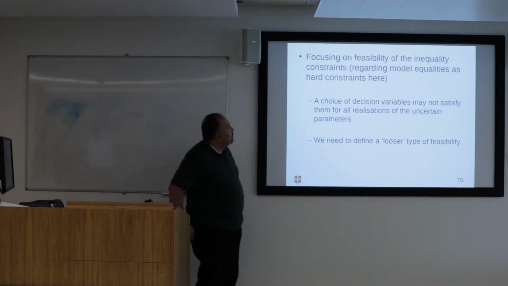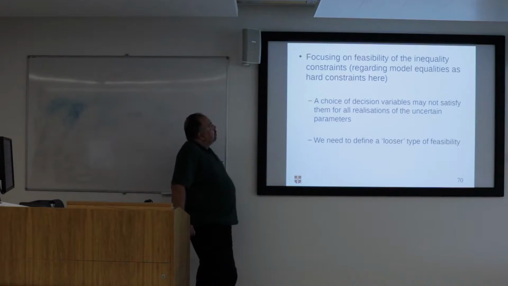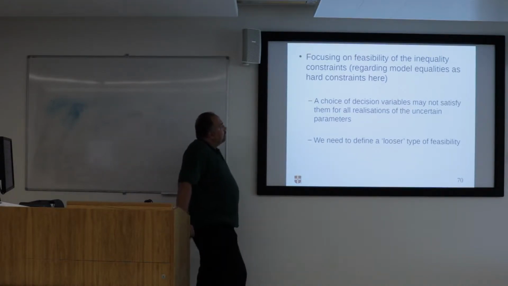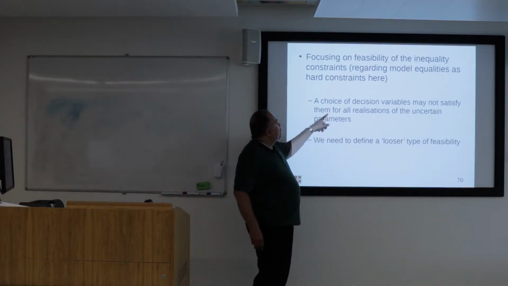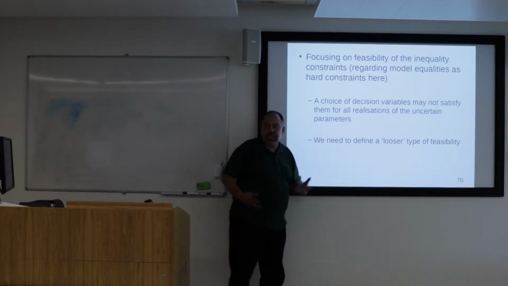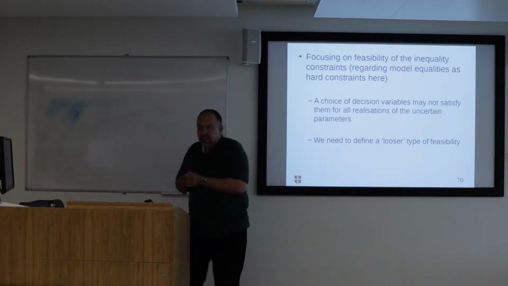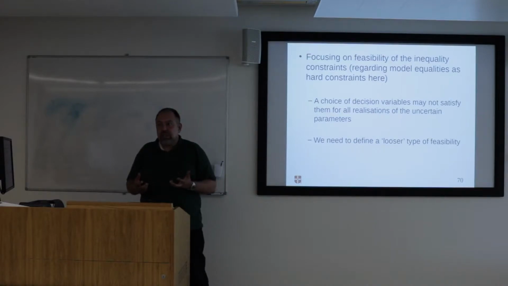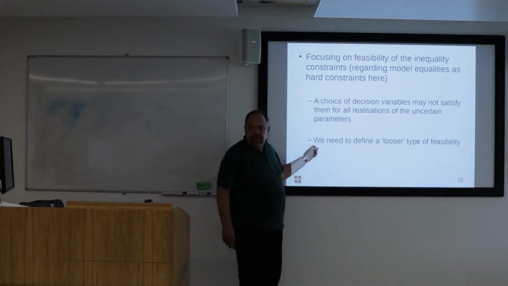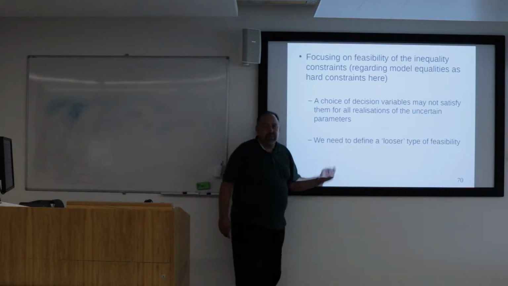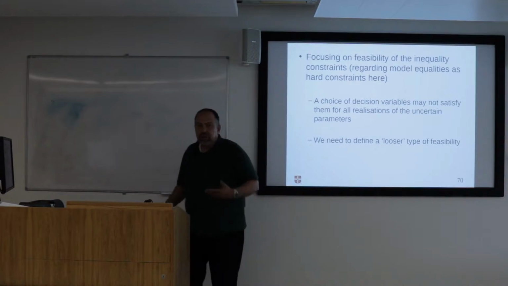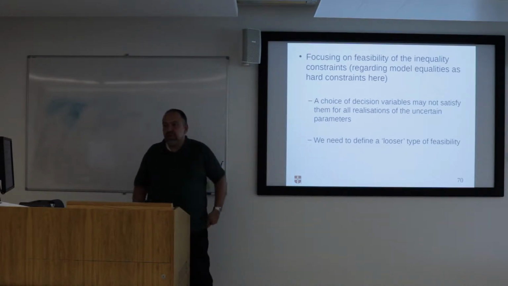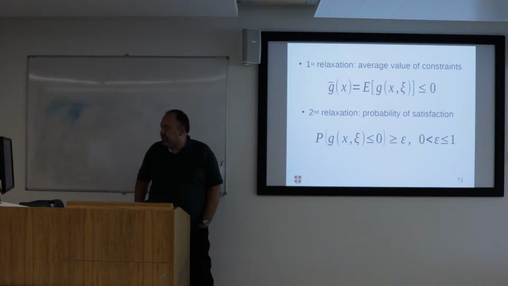So focusing on feasibility of the inequality constraints and regarding the model equalities as hard constraints here, a choice of decision variables may not satisfy them for all realizations of the uncertain parameters. So basically, if you choose an x, some of your inequalities may not be satisfied. So what do we do? We need to define a looser type of feasibility in order to be able to derive some solutions that we can apply in practice.